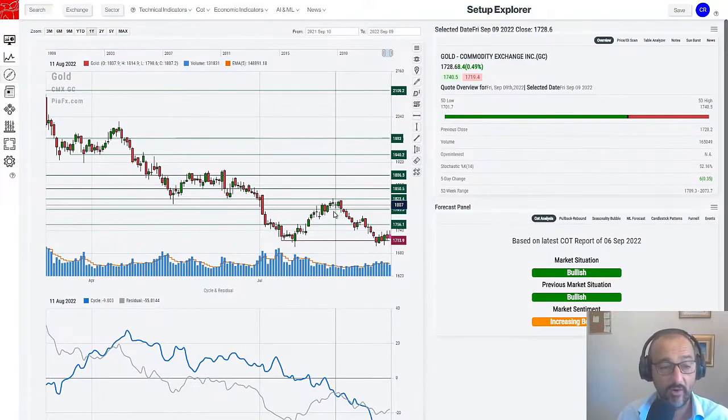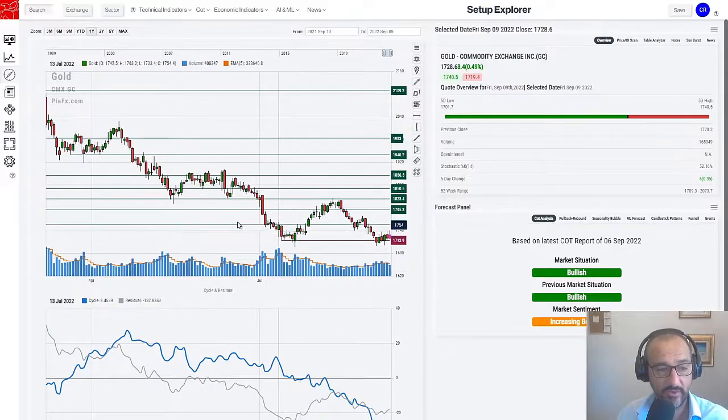Okay, so here we have this support, which is 1713, let's say 14. Okay, so this is an important support. And we are going to face some resistance according to this, because this line is coming from which date?